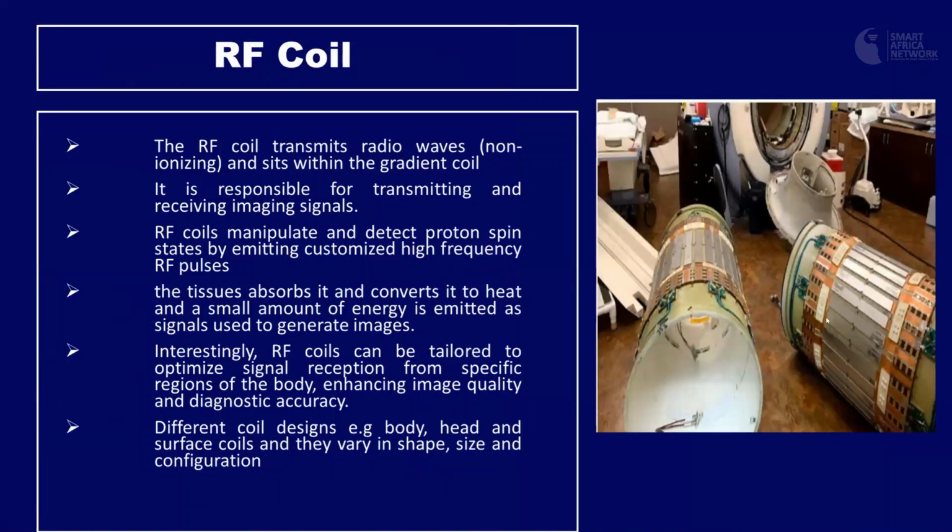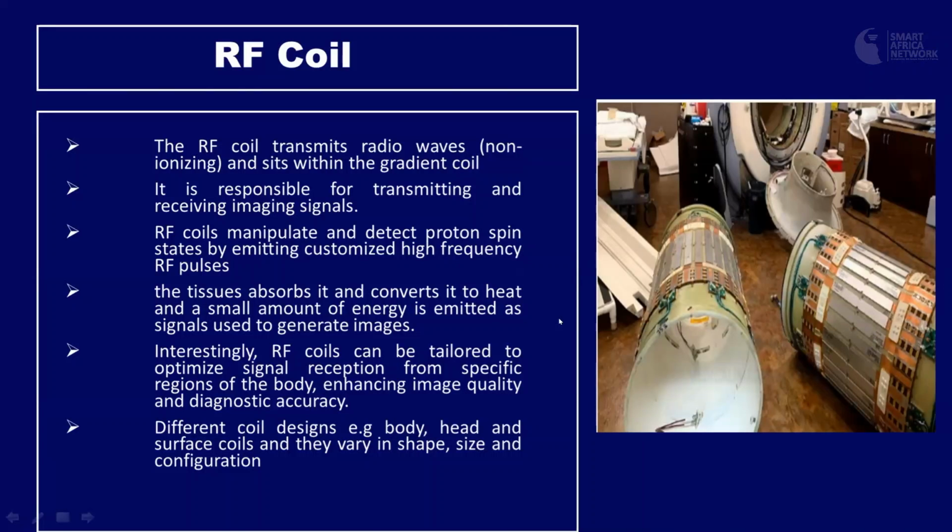And then the radio frequency coils. This is what it looks like, also in form of coils. You know what radio frequency waves are, the electromagnetic waves, so that means they are non-ionizing, and they also sit around the gradient coil. The radio frequency coil is responsible for transmitting and receiving imaging signals.